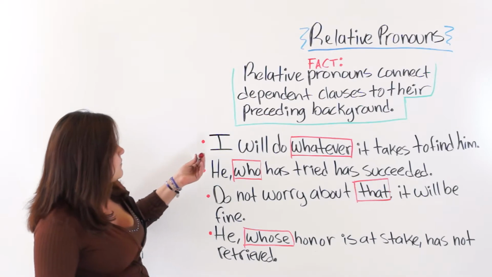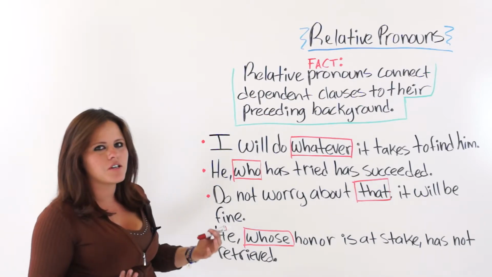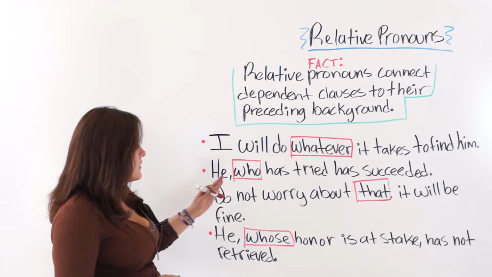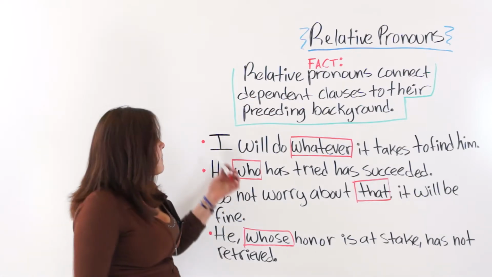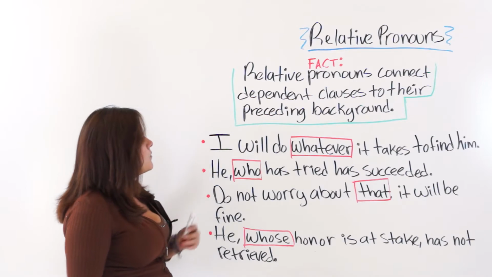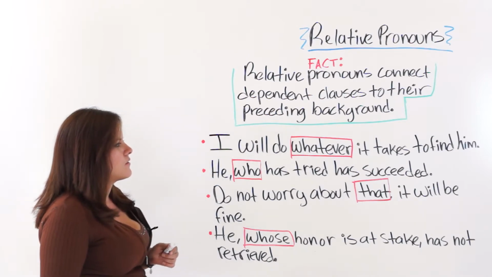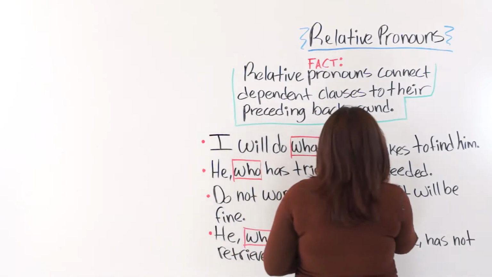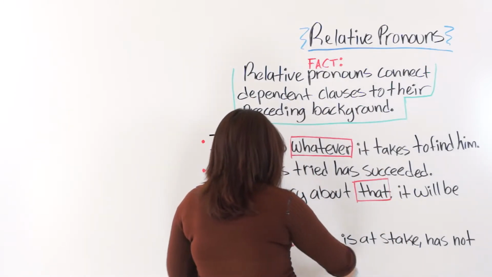The first example I have written on the board, as you can see, I highlighted the relative pronouns so that you can identify them easily. It says, I will do whatever it takes to find him. This here is, well, let me use another marker.